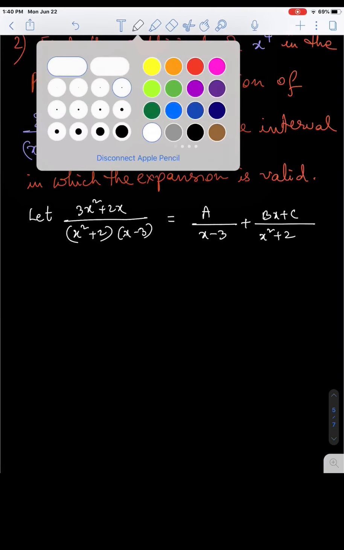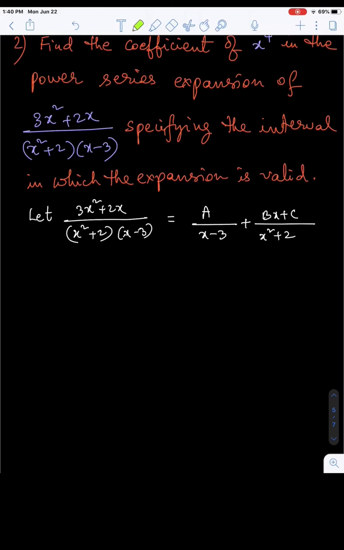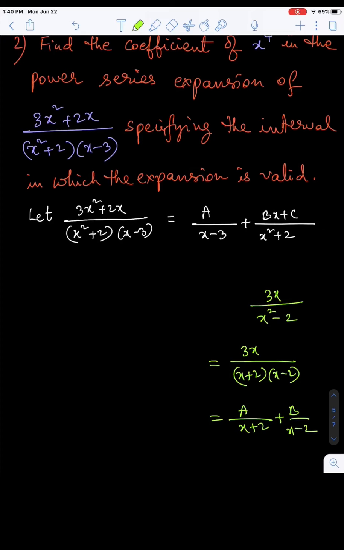And in some cases, you can split. For example, suppose a question is given with 3x by x square minus 2. This can be resolved by taking two fractions. How? It is written as 3x by (x plus root 2) into (x minus root 2), and afterwards take A by x plus root 2 plus B by x minus root 2.